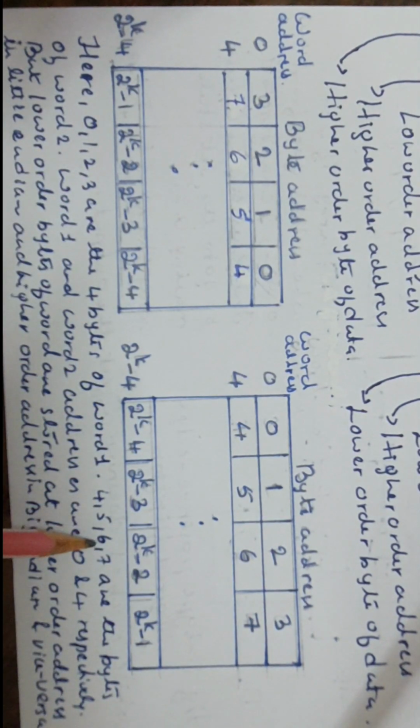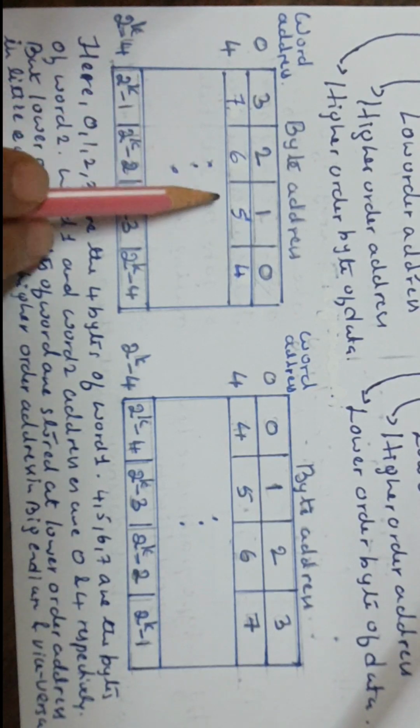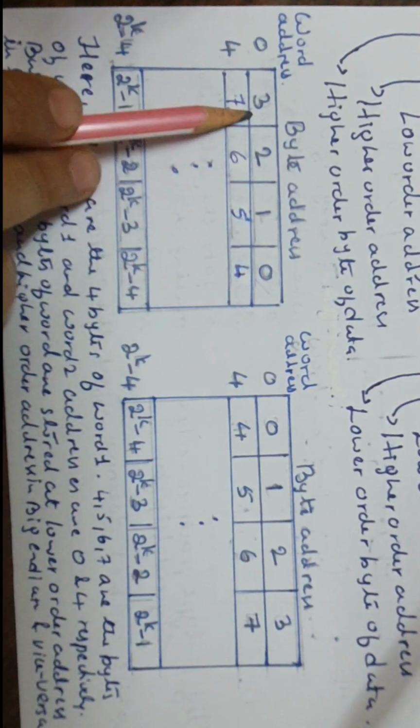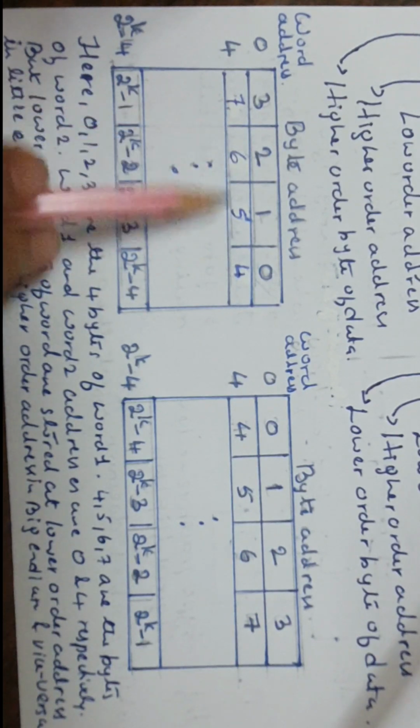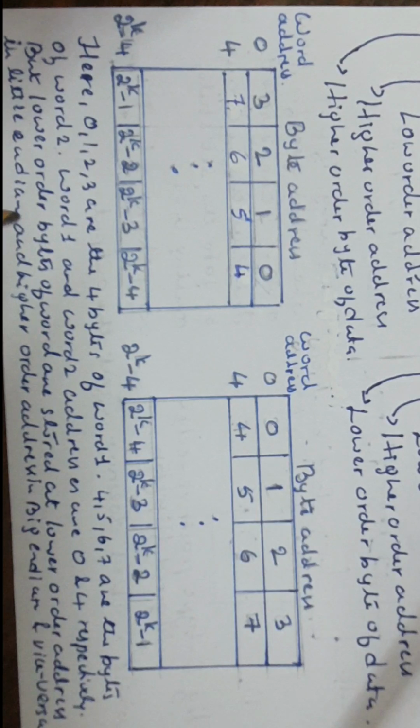Then 4, 5, 6, 7 are the bytes of word 2. Here one word is stored this way, then the second word, and the same are stored in this way in big-endian here.